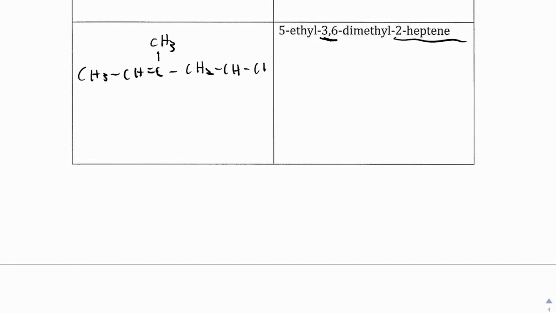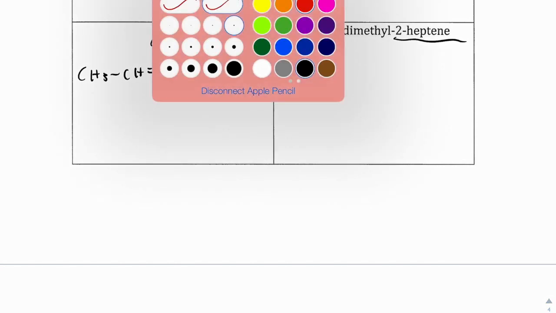I'll do that later. Let me just do this real fast. Oh, I'm sorry, I'm going to branch off here. So on my 6th carbon there's a methyl group. And on my 5th carbon, which is this one, there is an ethyl. Let me just label it for you guys.